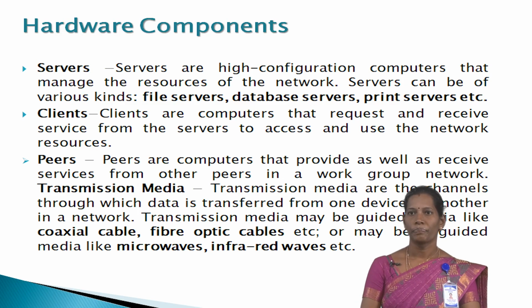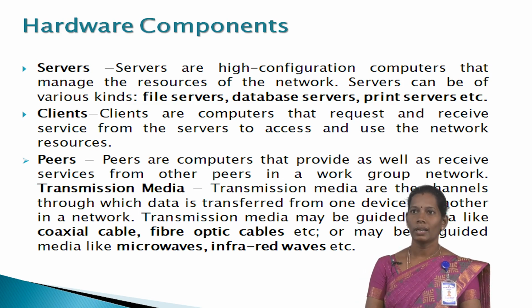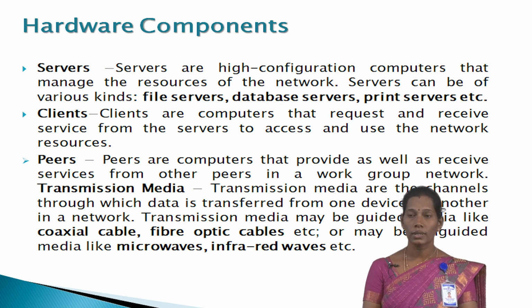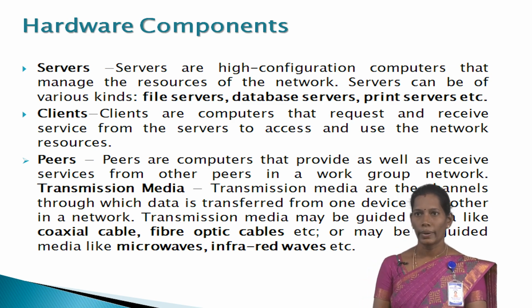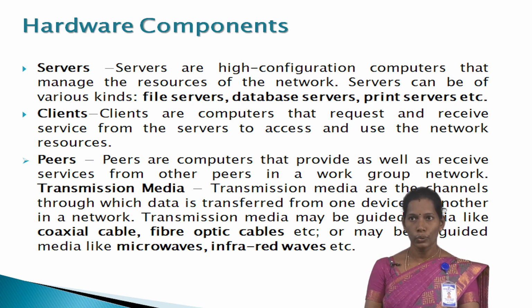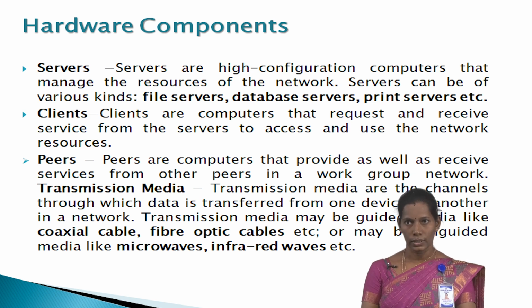Hardware components. First thing is servers. Servers are high configuration computers that manage the resources of the network. The network operating system is typically installed in the server, so they can give users access to the network resources.